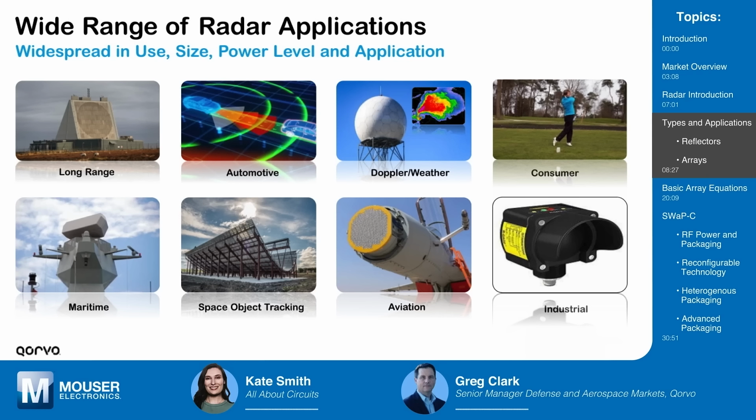And then you get to the things that people don't really think about. The consumer. One of the popular items right now with radar is the ball tracking and swing for a golf player. Another one is the radar detector that people have in their cars. And then finally, industrial.